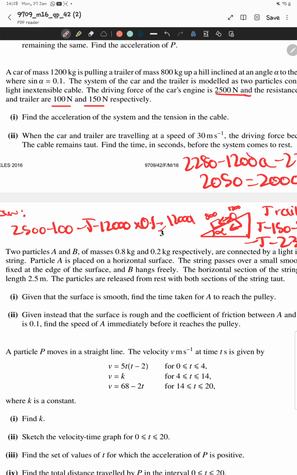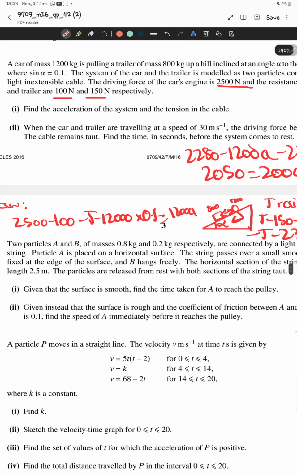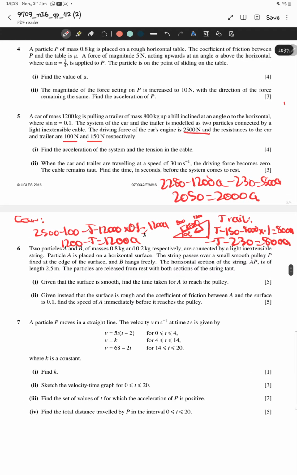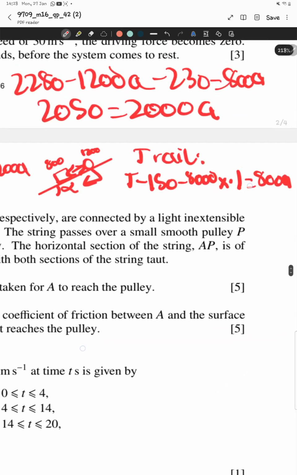Okay. 2500 minus 1200 minus 100, you get 1200 minus T, 100 minus T equals 1200 A. And then here as well, I have to change this.